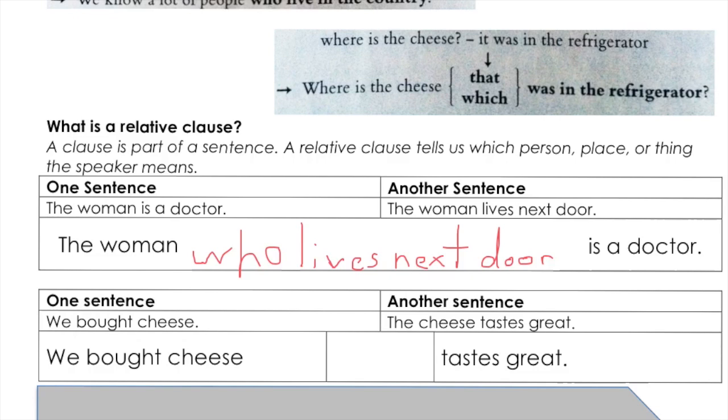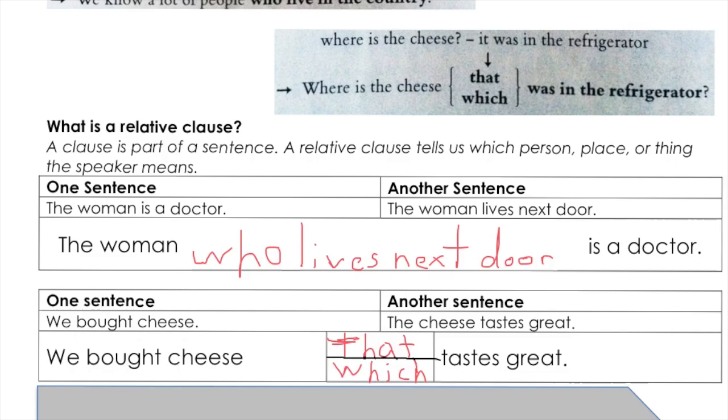The two words are that and which. And so you can make the sentence, "We bought cheese that tastes great." Or you can make a sentence that says, "We bought cheese which tastes great." They are both correct, and both ways you connect this information to cheese.